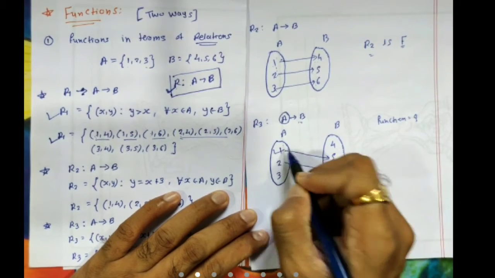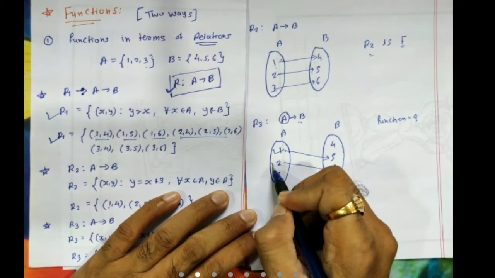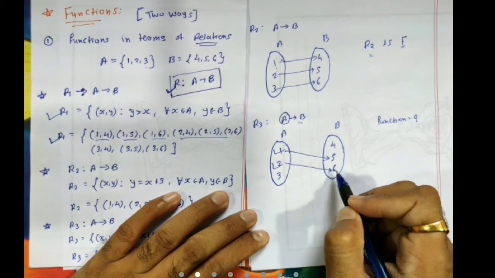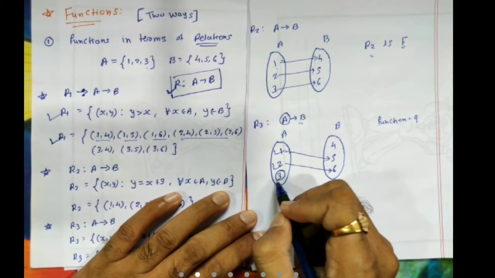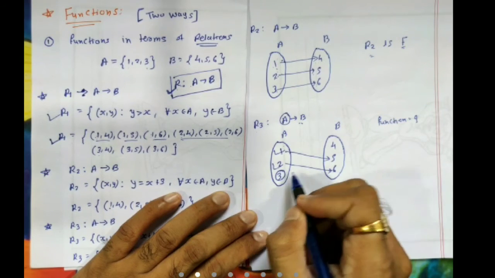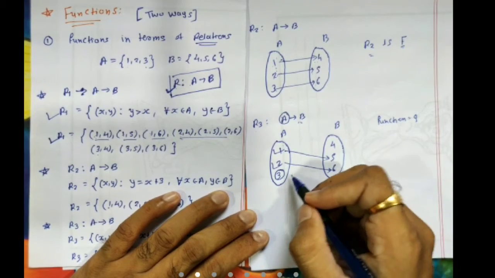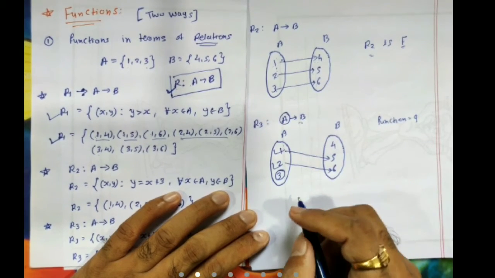So element 1 has one image in set B, which is 5. Element 2 has an image in set B, which is 6. But here element 3 doesn't have any image in set B. एलिमेंट 3 का सेट बी के अंदर कोई इमेज ही नहीं है. देखो 3 से कोई मैपिंग हो ही नहीं रहा है. क्लियर? तो यहाँ पर फर्स्ट कंडीशन फुलफिल नहीं हो रही है ना?